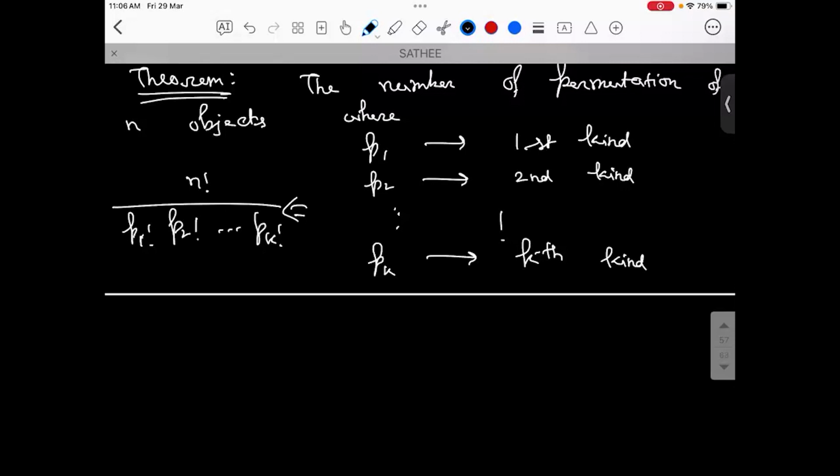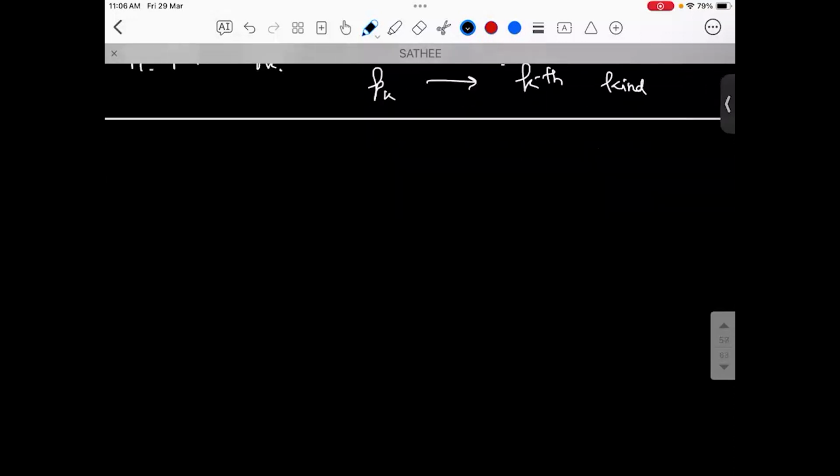Okay. So let us do one example using these things. Let us do the first example for the permutation cases.